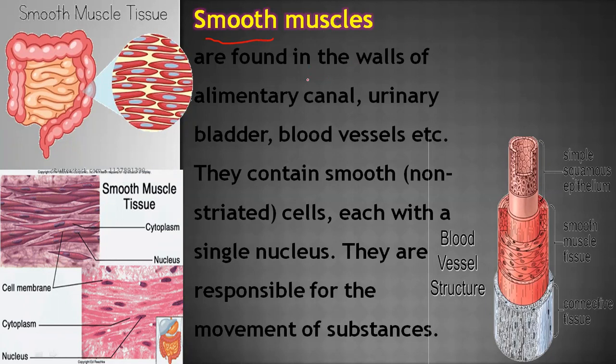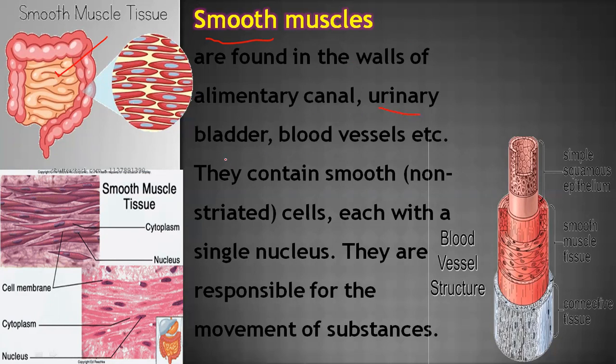So its location is that it is present in the alimentary canal. We have talked about before what the alimentary canal is. Alimentary canal means your whole digestive system. So these smooth muscles are present over there.